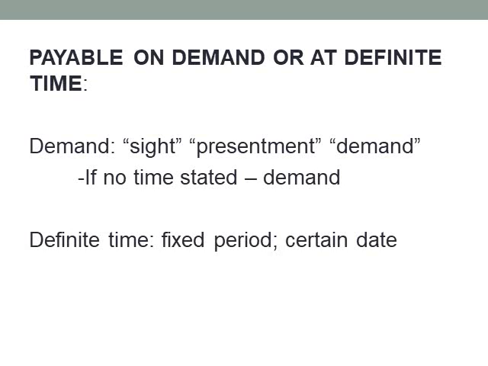Okay? So definite time, fixed period, a certain date. What do I mean by all that? Some further examples. A fixed period after sight, that was in our draft, 30 days after April 20th, 2020.